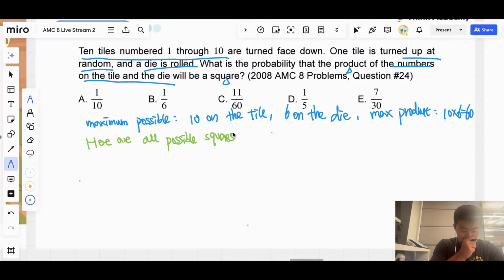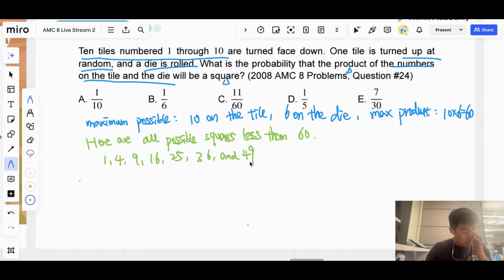So 60 is our upper bound. The first one is definitely 1, which means 1 is on the tile, 1 is on the die. So 1 times 1 is 1. And 4 is a square, 9 is a square. The next one is 16. The next one is 25. And we should have 2 more, which are 36, and the last one is 7 squared, which is 49.